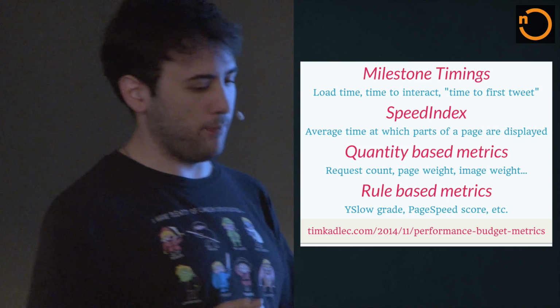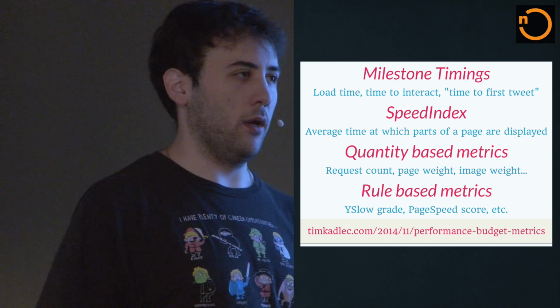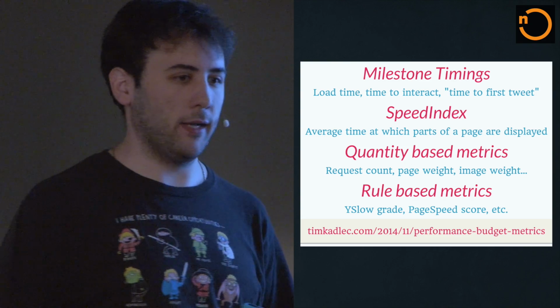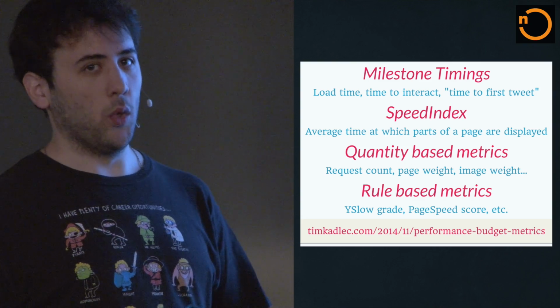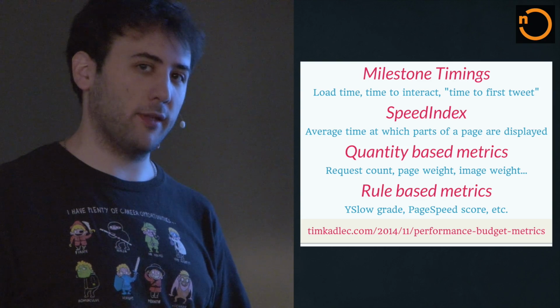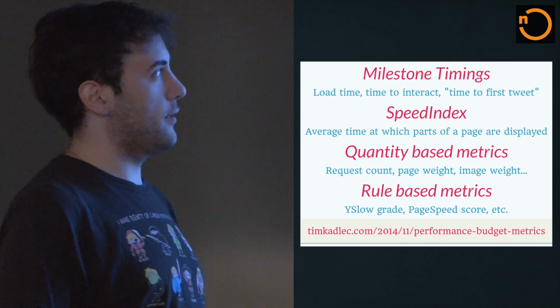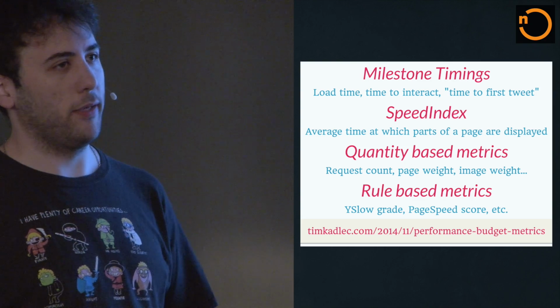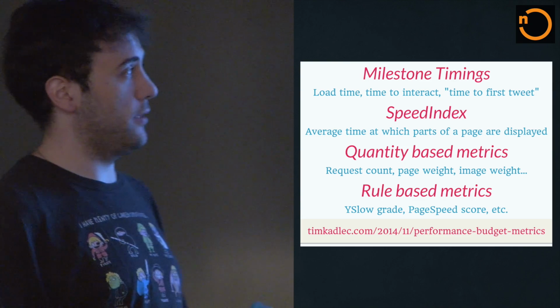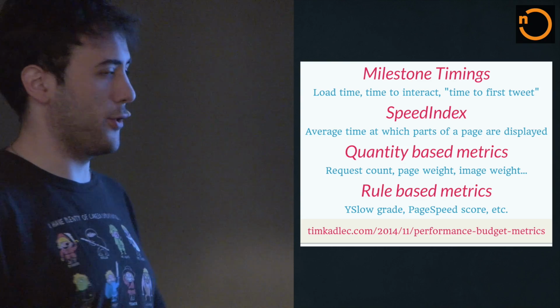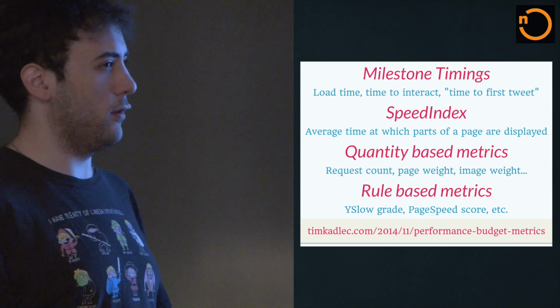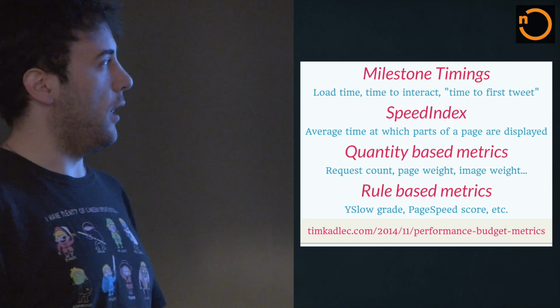Speed index is another one. Speed index is pretty nice because it gives you an overall score that's pretty tied into what performance in your site actually looks like. And that's not something that you get if you are tracking something like quantity-based metrics, which, yes, are very easy to do, right? Like you measure how many requests were made or how big the site is.